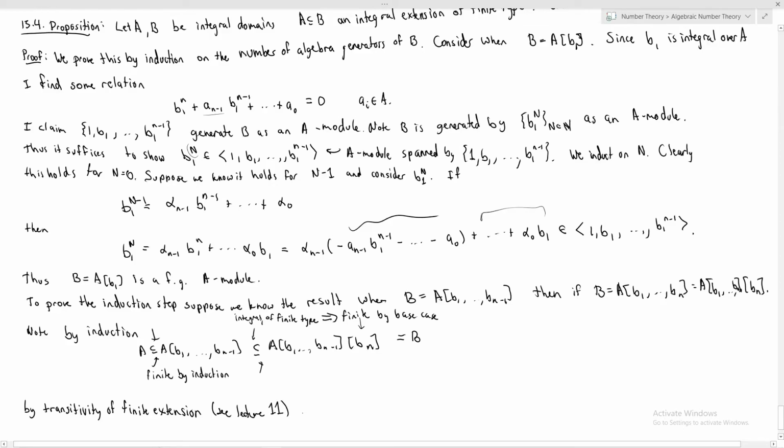By the transitivity of finite extensions, B is a finite extension of A.